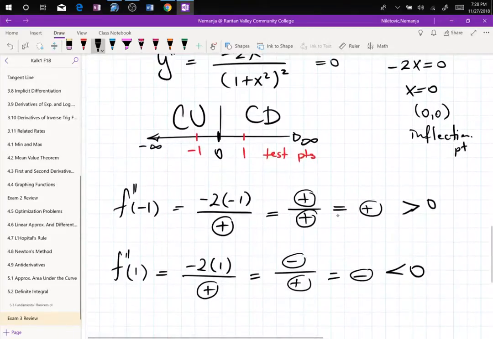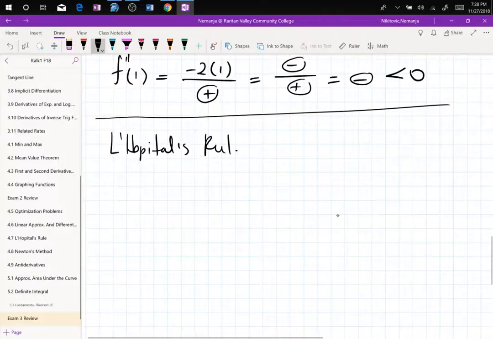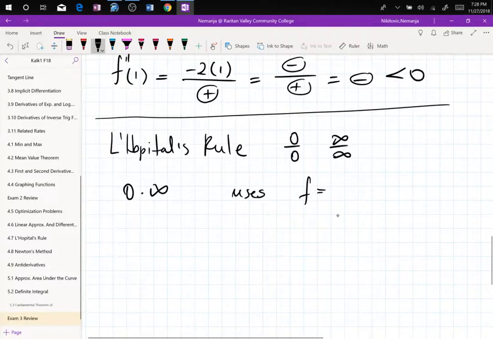All right, so what do we have there? For L'Hopital's rule, we know it's for 0 over 0 or infinity over infinity. What are the other cases that we might run into? 0 times infinity, which uses the f equals 1 over (1 over f) trick. Infinity minus infinity, which uses factoring.